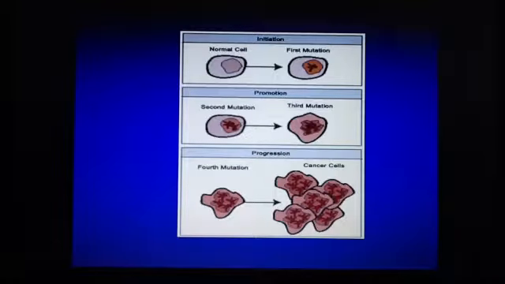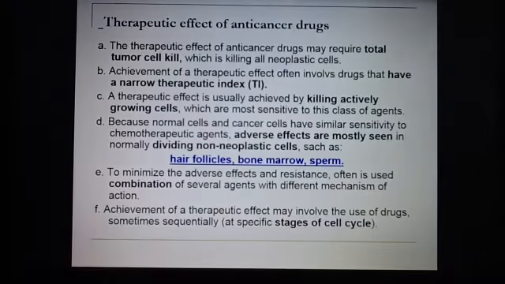And in the next stage, which is called promotion, we have a second mutation, and then a third mutation. This is the promotion stage. Then there is progression. And in the progression stage, we have the fourth mutation, and then we have cancer cells. So there is initiation, promotion, and progression.